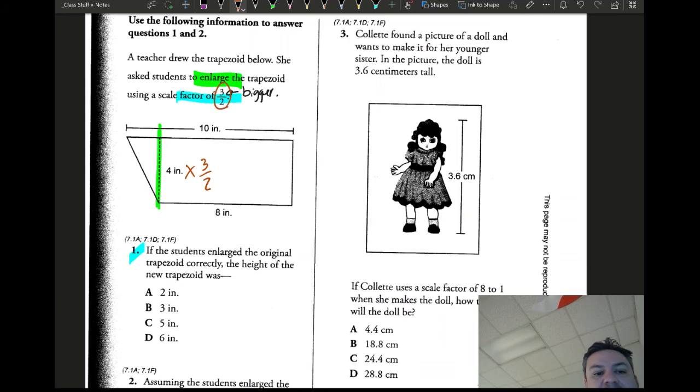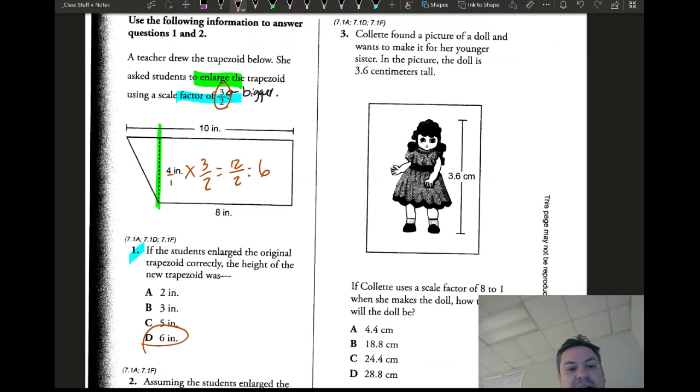That's my scale factor. Put a 1 under if you want. 4 times 3 is 12. 1 times 2 is 2. So this is 6. So my answer is going to be 6. See, I didn't even have to find all of them. All I had to do was find whatever they asked me for. In this case, they asked me for the height.